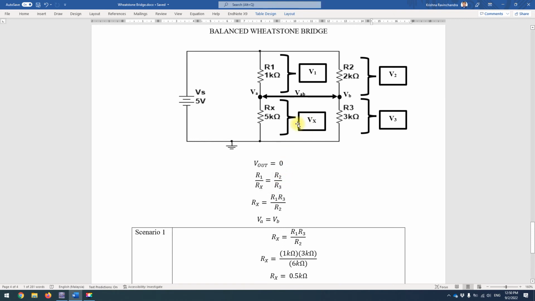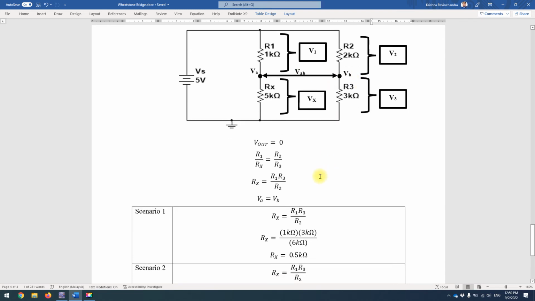Therefore, each time we change the R1, R2, R3 resistor values, we can calculate the Rx value to be set in order to obtain a VAB equal to 0, and therefore VA is equal to VB.